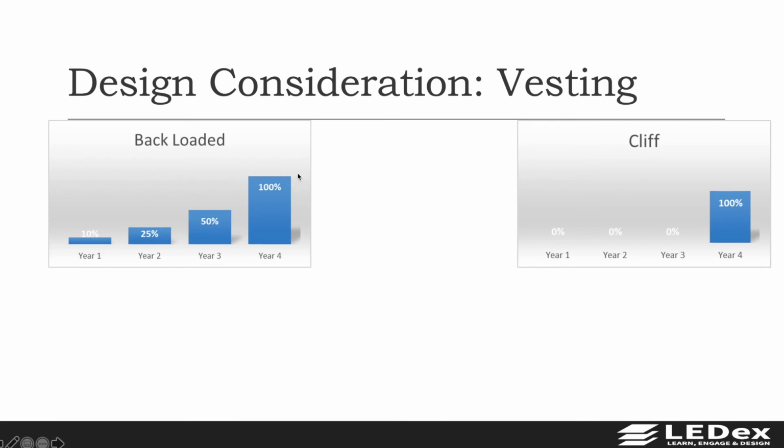Now, a back-loaded vesting continues to retain an overall retention objective because the large chunk of vesting is happening towards the end, but it does provide a bit of balance by some liquidity being offered in the early years as well.